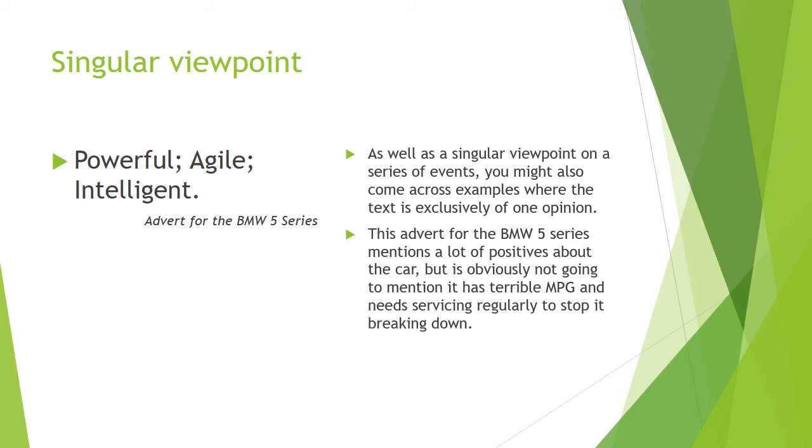And you'll find a lot of persuasive texts are incredibly biased, whether they're trying to persuade you positively or persuade you negatively. Because they're trying to make you buy this car, they're not going to tell you about the fact it's probably got bad miles to the gallon, or that it needs servicing regularly to stop it breaking down. Similarly, if I tried to sell you my car, I'd tell you it was cheap, efficient and low insurance. I wouldn't point out the fact that it's a bit of a banger, it's not that great, and it's not in the best of condition, because I'm trying to sell it to you.